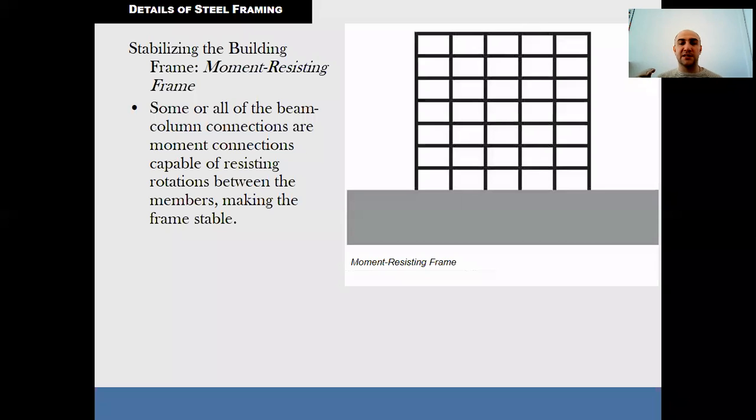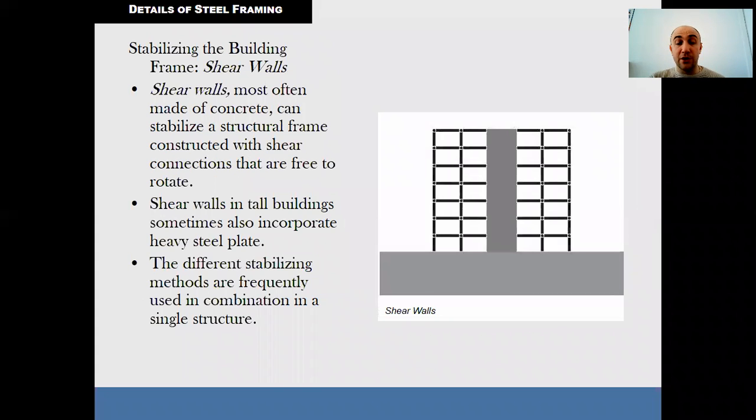This is by the development of bending moments and shear forces. The bending rigidity and strength of the frame members are therefore the primary sources of lateral stiffness and strength of the entire frame. Next one is the shear wall.